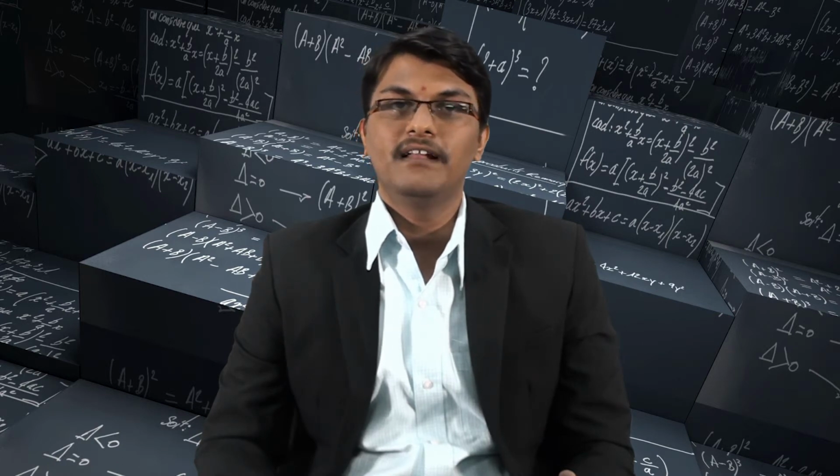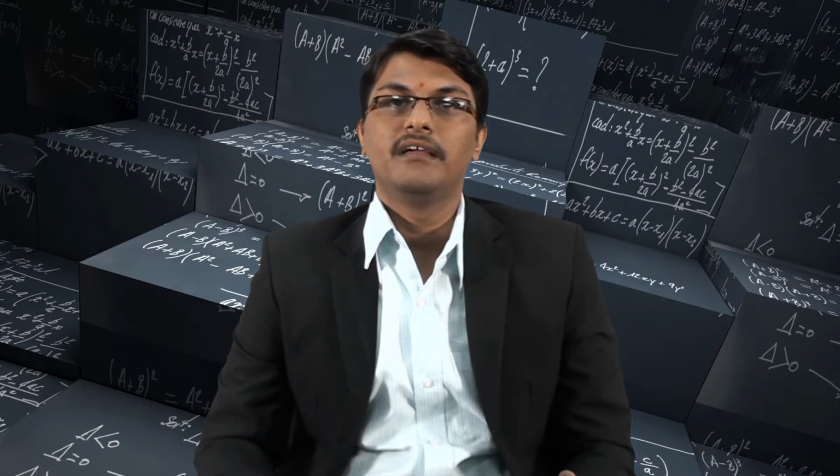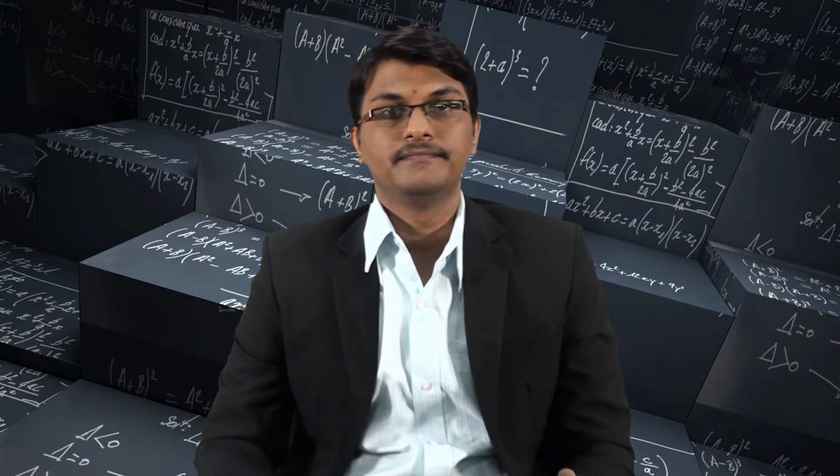Therefore, an equilateral triangle is a regular trigon. Similarly, a square is a regular fourgon. A square is a four-sided polygon whose all sides are equal and all interior angles are equal to 90 degrees. Therefore, a square is a regular fourgon.